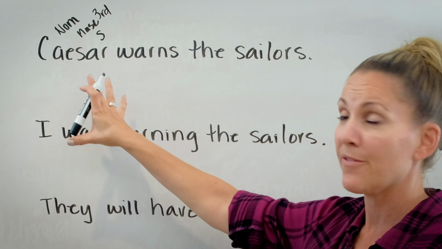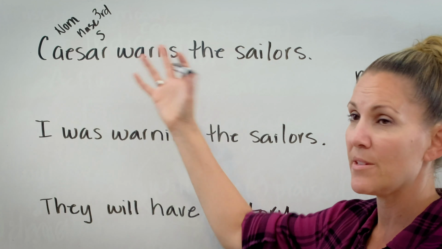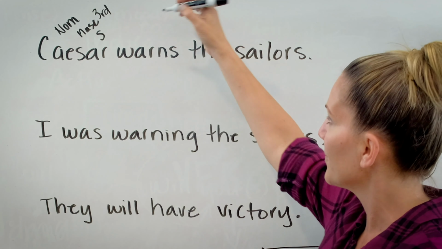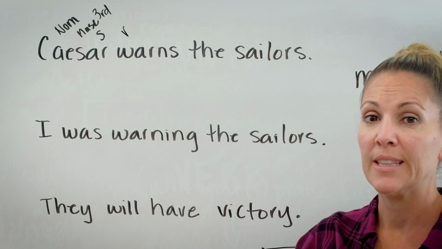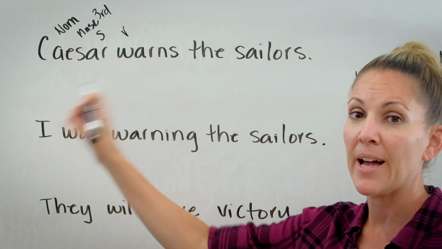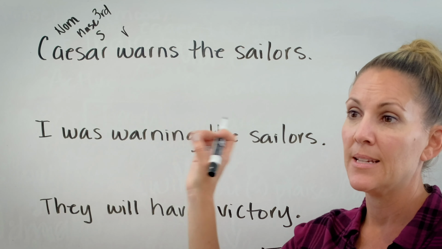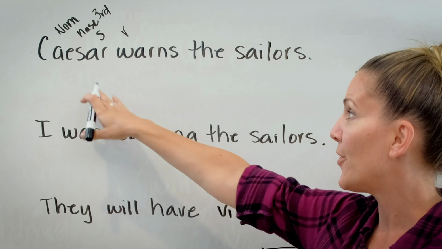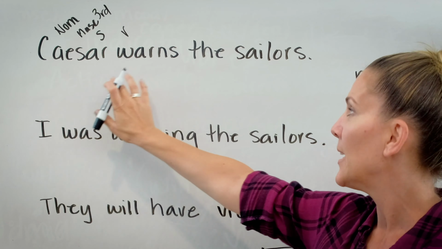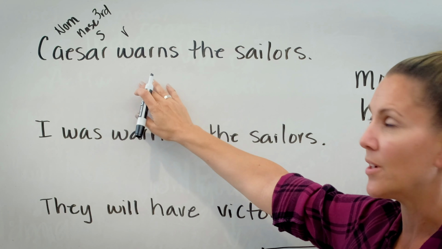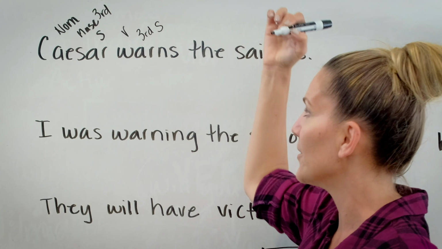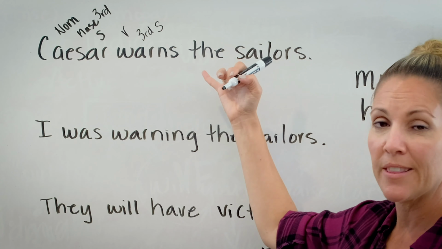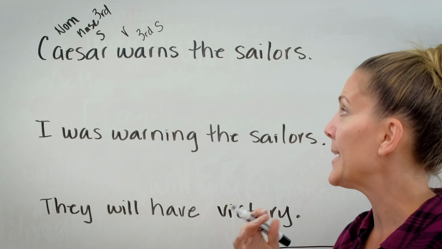Next I want to find my verb. I ask, what's Caesar doing or being? He's warning. So here's my verb. Recall that the rule in Latin is that your verb has to match your subject in number and person. If I have a third person singular subject, I need a third person singular ending for this verb, so I'm going to write third person singular here. Now I ask myself, what tense is this in?